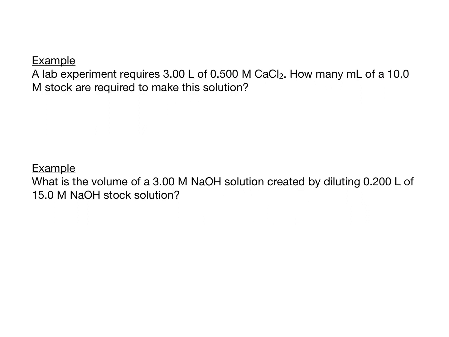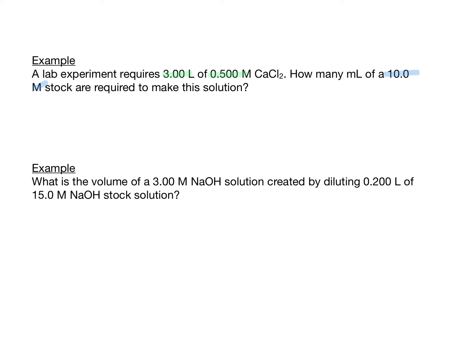So let's look at some examples. A lab experiment requires 3.00 liters of a 0.5 molar solution of calcium chloride. How many milliliters of a 10 molar stock are required to make this solution? So I'm going to highlight in green the two. This volume goes with this concentration, and this concentration is the other side.